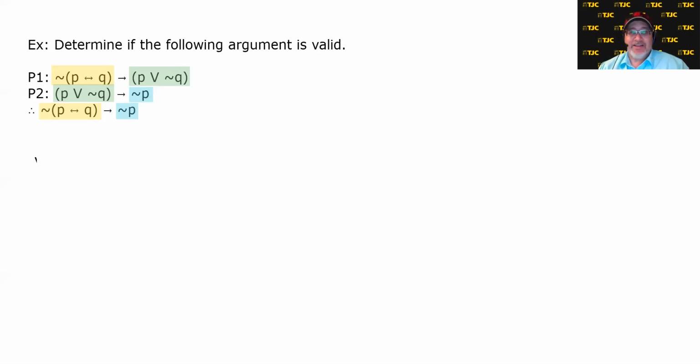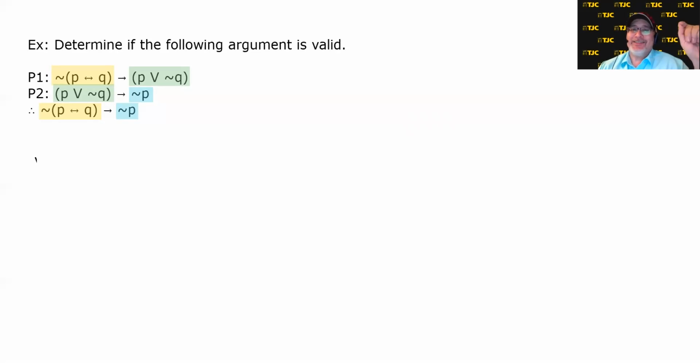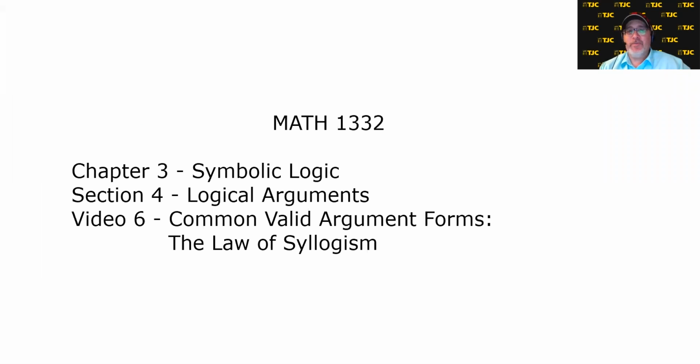Color-wise, this is the exact same thing as that, which is the exact same thing as that. It's all about structure and not necessarily the pieces on either side of an individual conditional. It's just how those pieces are related to each other. So yes, this is valid by the law of syllogism. Syllogism, singular. I keep wanting to make it plural for some reason.